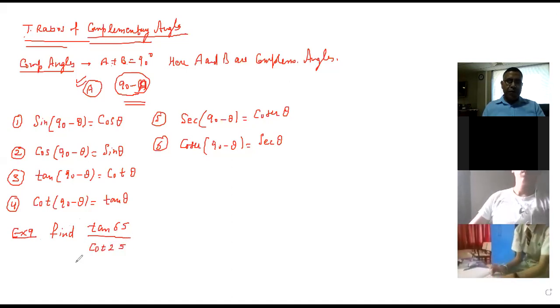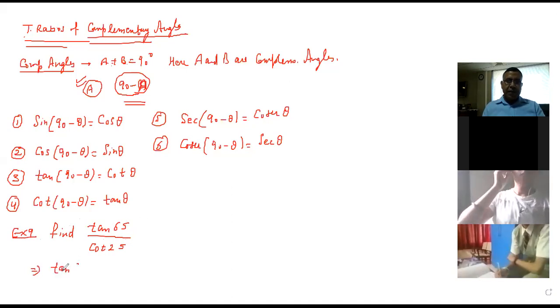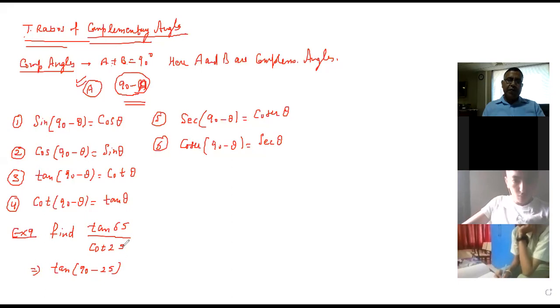What does it mean? Tan 65 can be written as tan of 90 minus 25, because when you subtract 25 from 90, you get 65. So tan 65 is written as tan of 90 minus 25 over cot 25. You have to apply the formula on only one value.